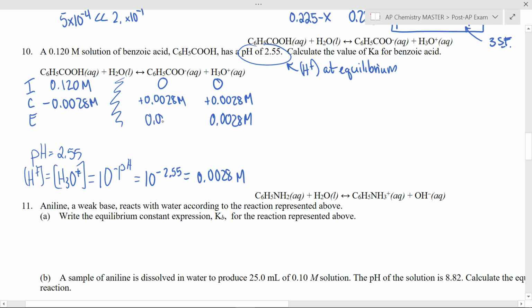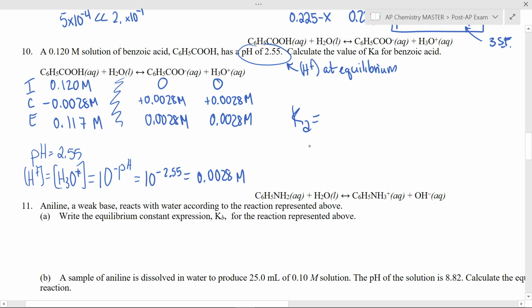So that means I also have 0.0028 molar of this thing right here, which is the conjugate base. And then 0.12 minus 0.0028, I end up with 0.117 molar there.